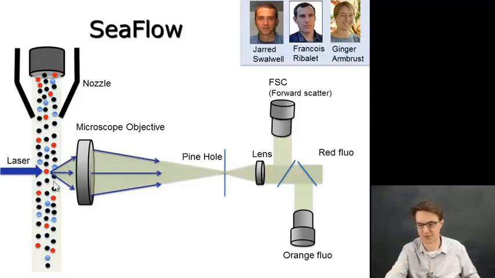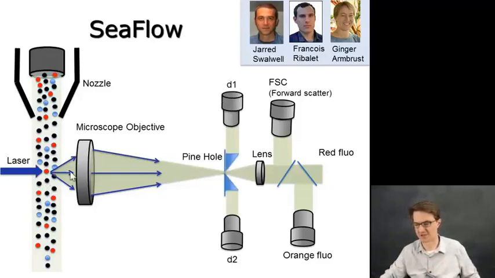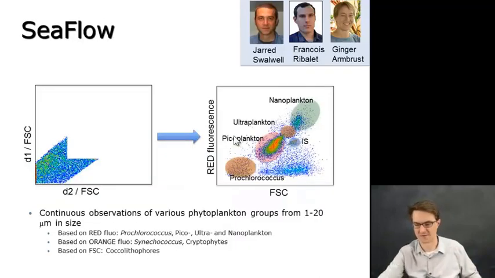Okay, so as light shines through this particle stream, it's collected on either side by various detectors, and there are two detectors that work initially to help identify which particles are at the center of the stream and which ones are at the edges, so you can filter out the ones at the edges. And then there are other detectors for various wavelengths of light. What you can do here is first filter the data so that you only are worried about the particles that were in the middle of the stream, and then you can start inspecting the different wavelengths to identify these clusters that represent different microbial populations.